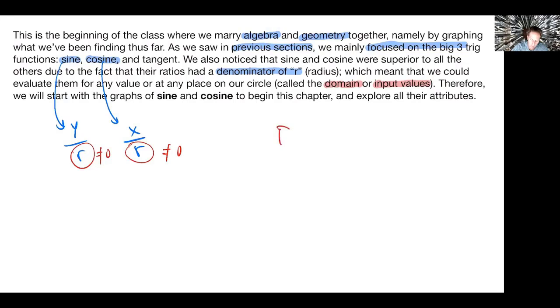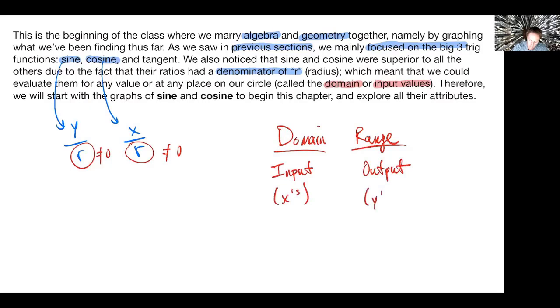If you remember the domain and range from algebra, the domain was all the input values, where the range was all the output values. For us in algebra, that was typically the x's as the input, and the output was the y values.